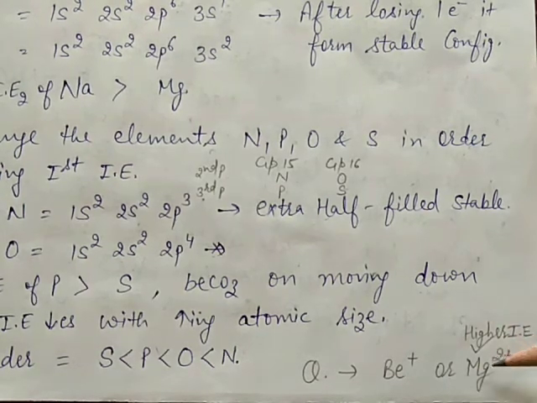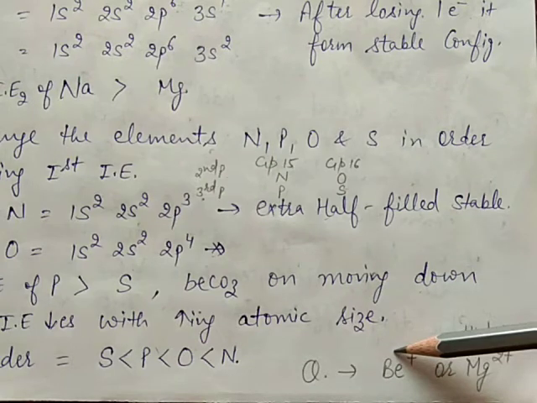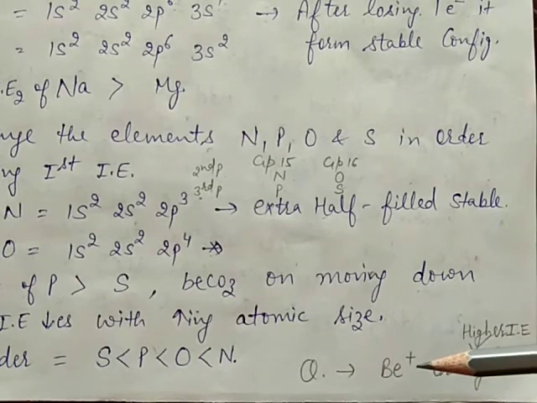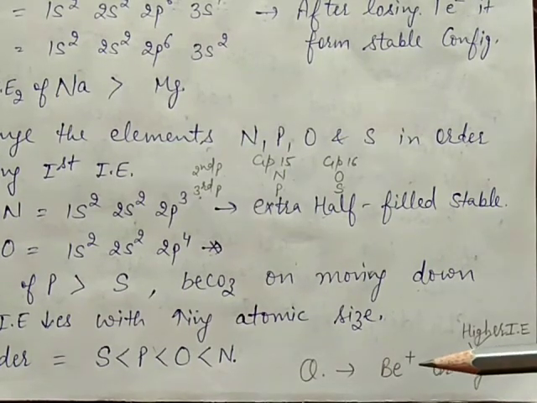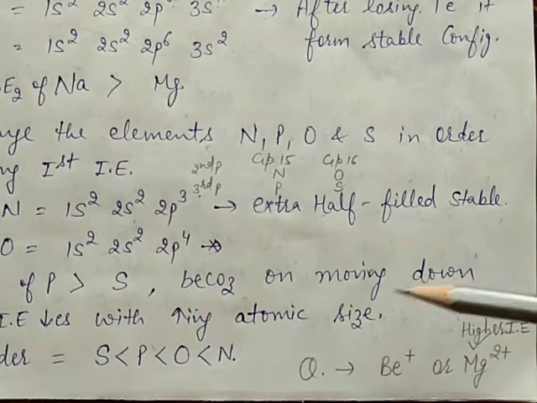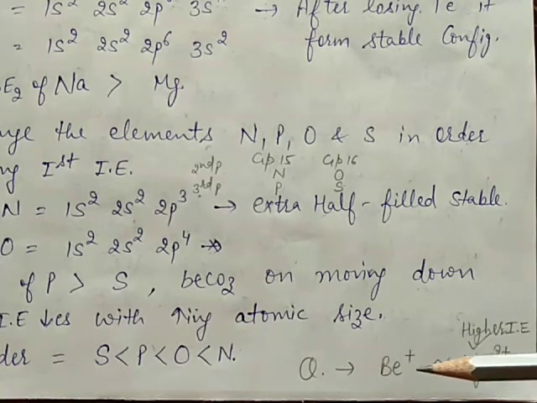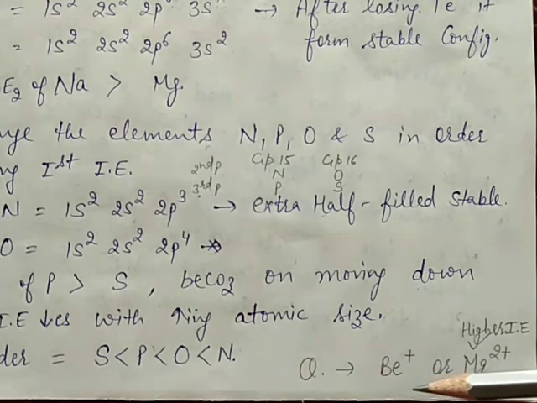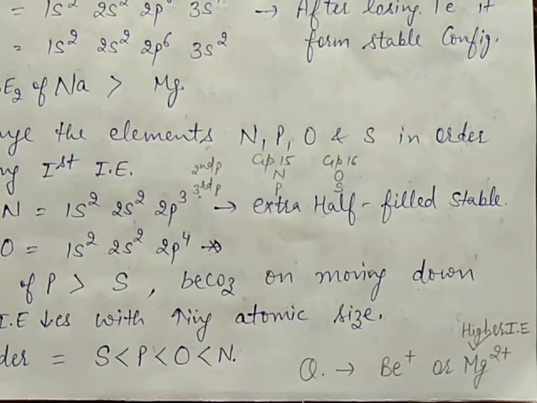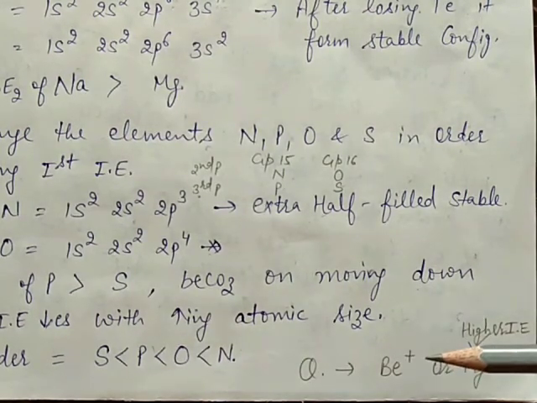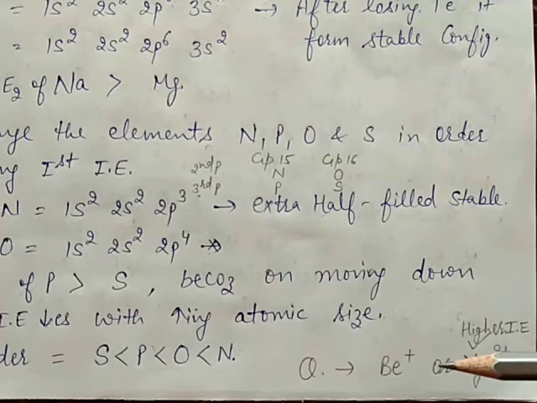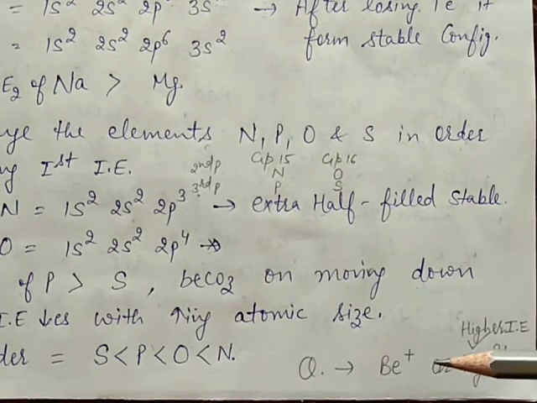Because its configuration is 1s2 and 2s2. But here the Be+ ion is present, so one electron is removed and the configuration becomes 1s2 2s1, sorry, 1s2 2s1, which means this is half-filled, so the electron is removed very easily, and less energy is required in the case of beryllium.